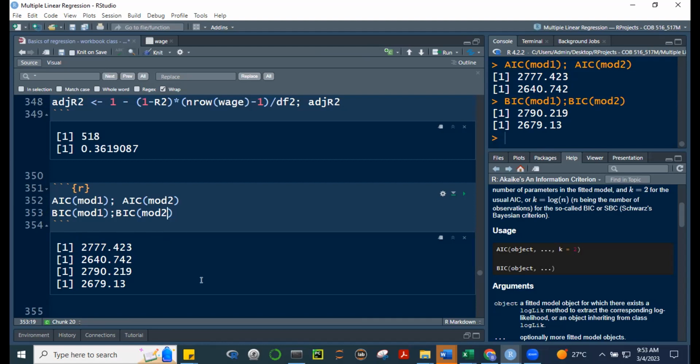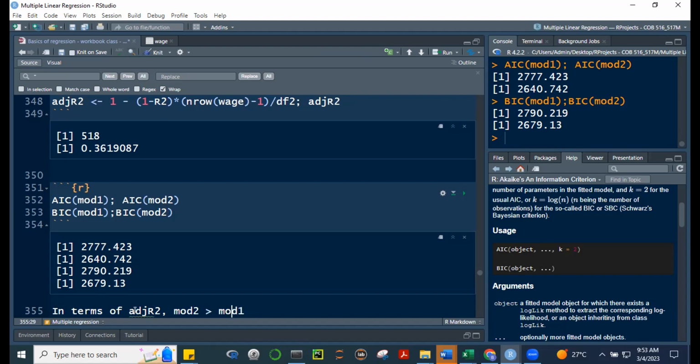So we have looked at two bases to determine which model is better. In terms of R squared, or let's use the adjusted R squared, model 2 is greater than model 1.